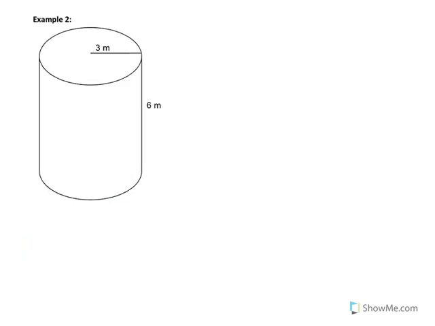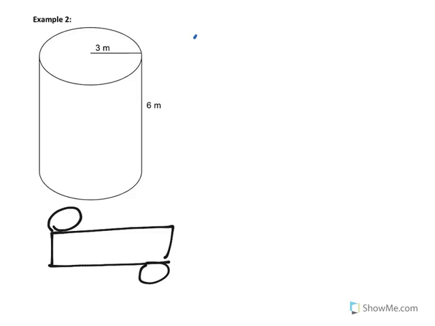Okay, a cylinder. So what if you were to imagine unrolling a cylinder? Think of taking a soup can and peeling the label off. If you were to do that, you would be left with a rectangle. And you could also have the top and the bottom.